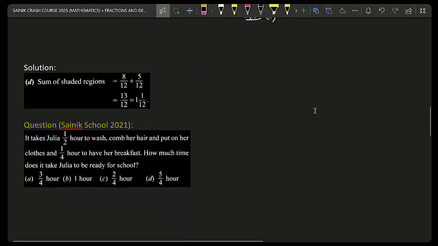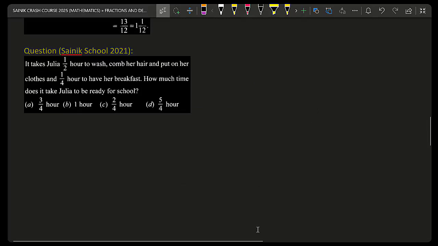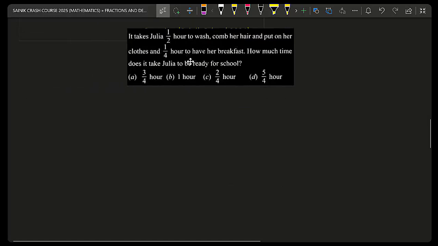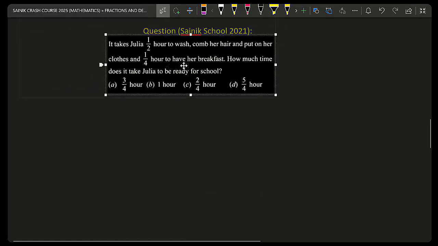So the next question is this. This question came in the 2021 exam. It takes Julia half an hour to wash, comb her hair, and put on her clothes, and 1/4 hour to have her breakfast.